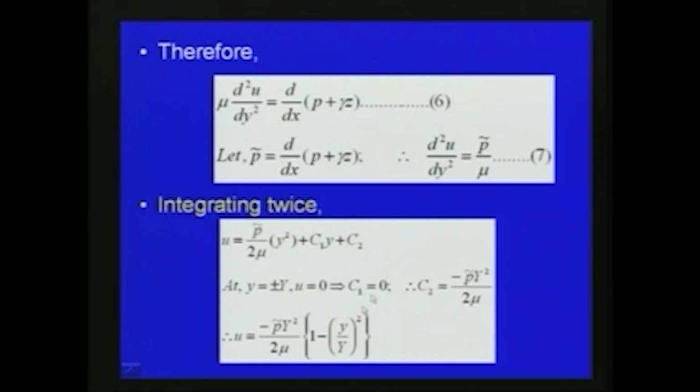Finally we get an expression for the velocity variation: u is equal to minus P tilde Y² by 2μ into 1 minus (y by capital Y) whole square, where, as we have seen, the distance between the plates is 2Y.